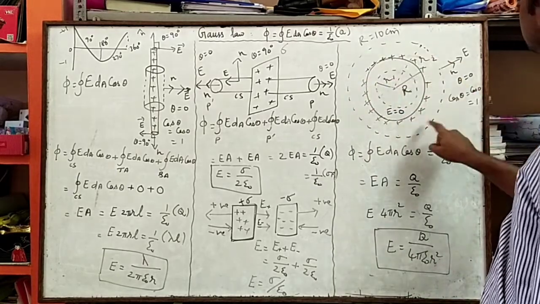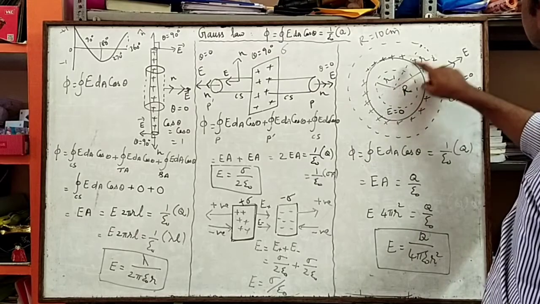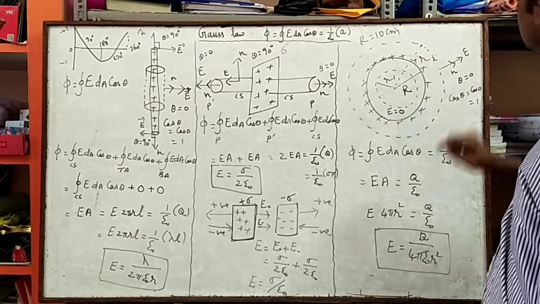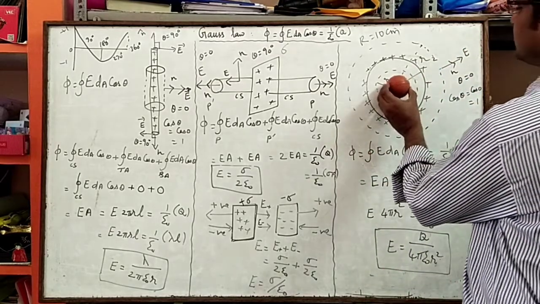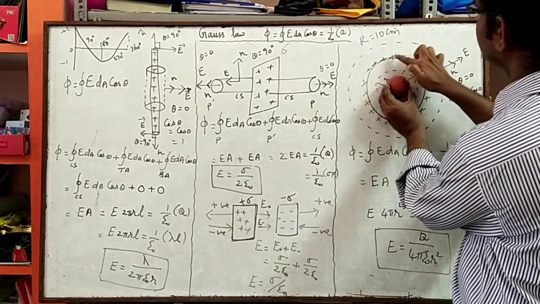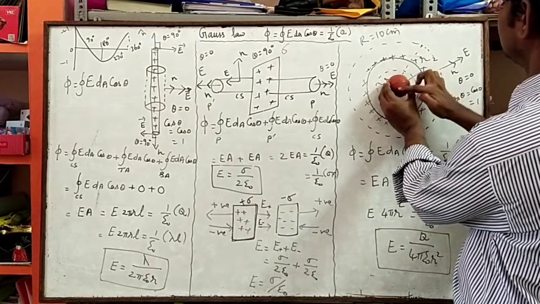Outside the sphere, imagine the radius of the biggest sphere is 20 centimeter. This metallic sphere is being positively charged.